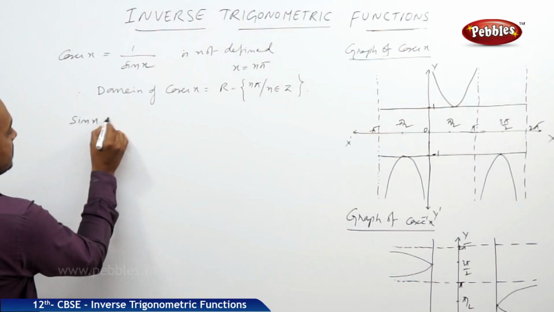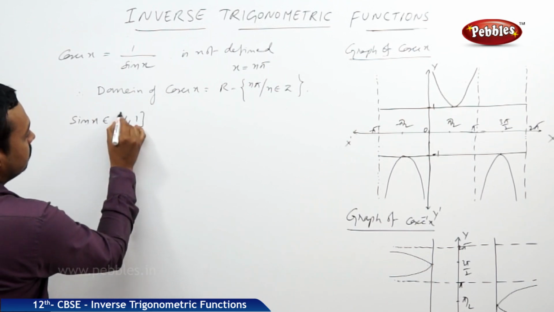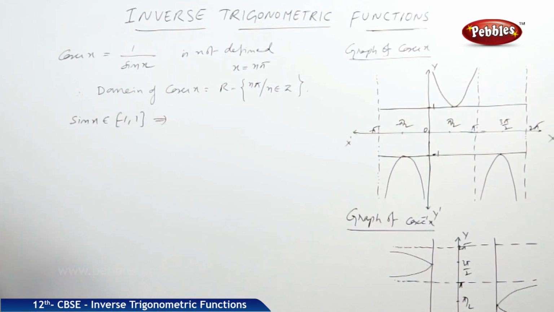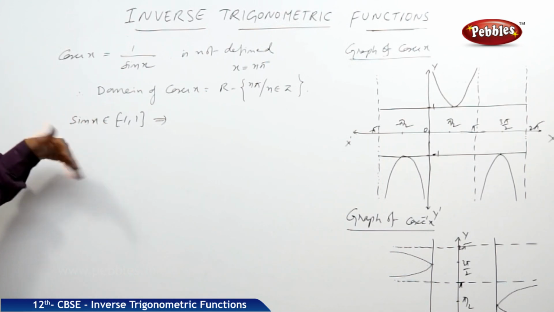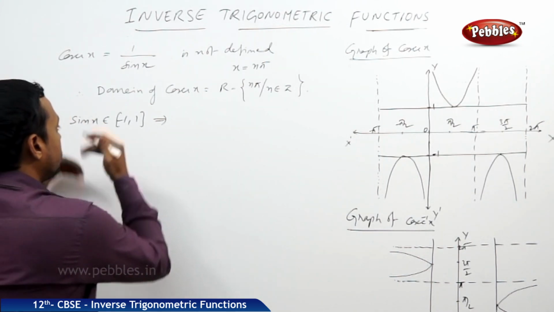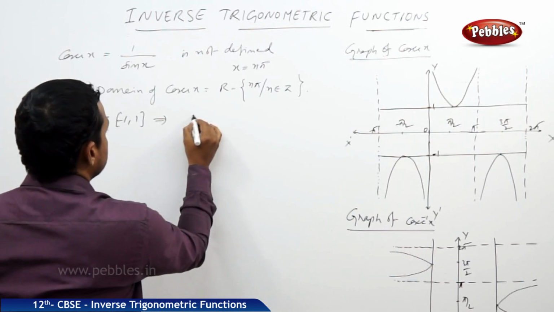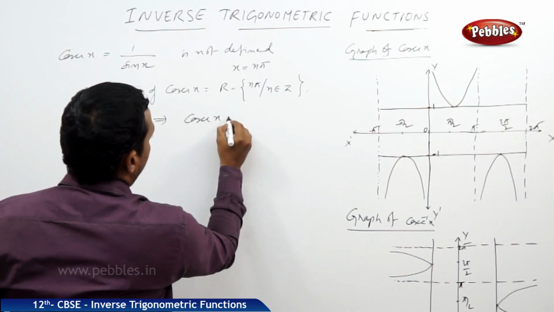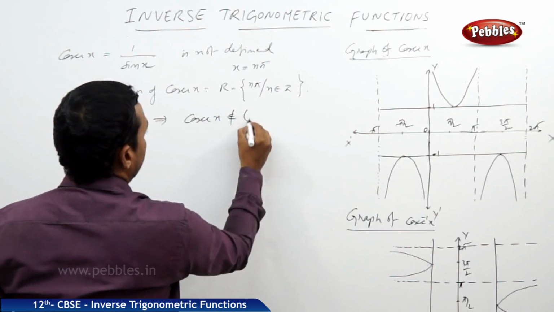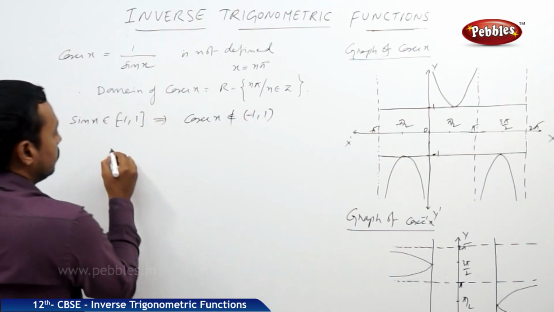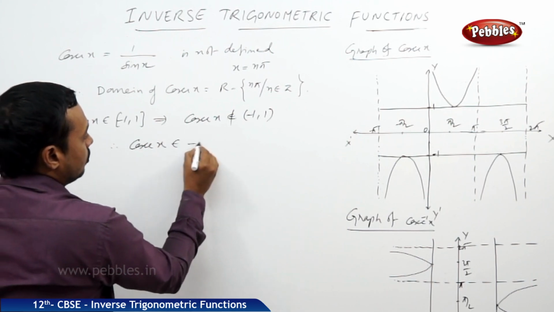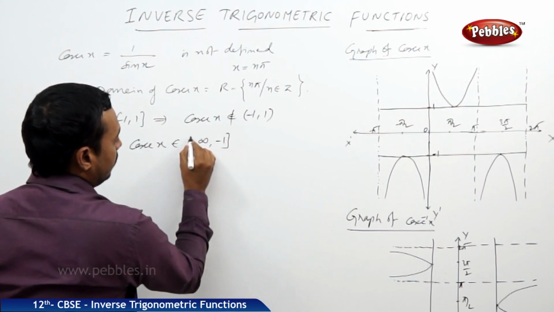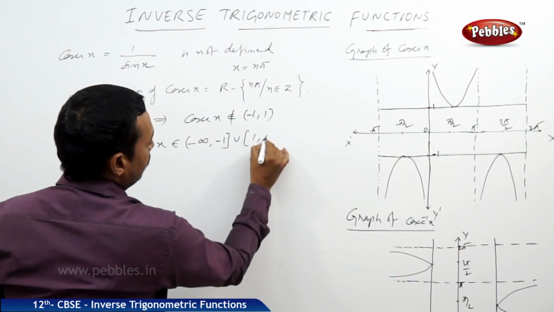Since sin x belongs to minus 1 to 1, sin x values are belonging to minus 1 to 1. Take the reciprocals. The reciprocal values of sin x, that means cosecant x values, do not belong to that interval minus 1 comma 1. Therefore, cosecant x belongs to minus infinity to minus 1 union 1 to infinity.